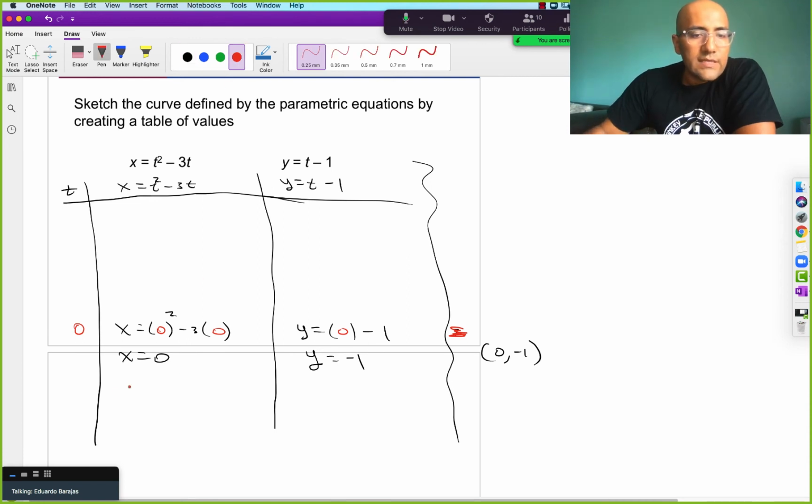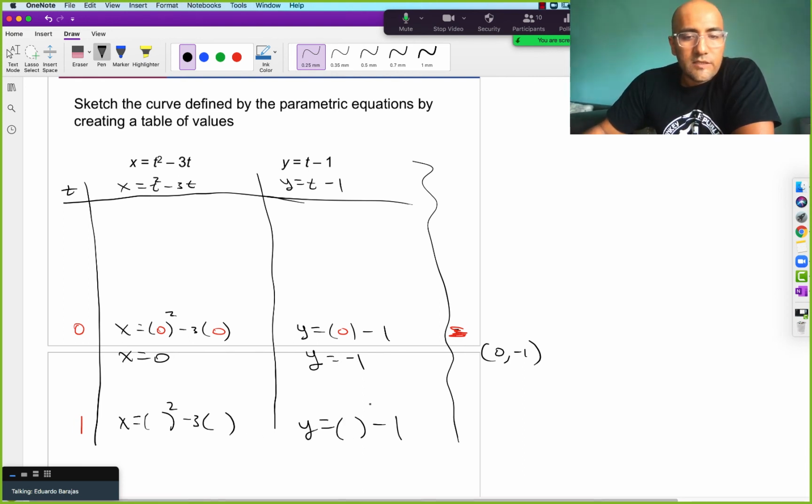When t equals 1, again, we first crack the code for the x coordinate: it's something squared minus 3 times something, and the y is equal to something minus 1, and that something is our parameter value of 1. So we end up with 1 minus 3, so x is equal to negative 2, and y equals 0. So we end up with the ordered pair negative 2, comma 0.